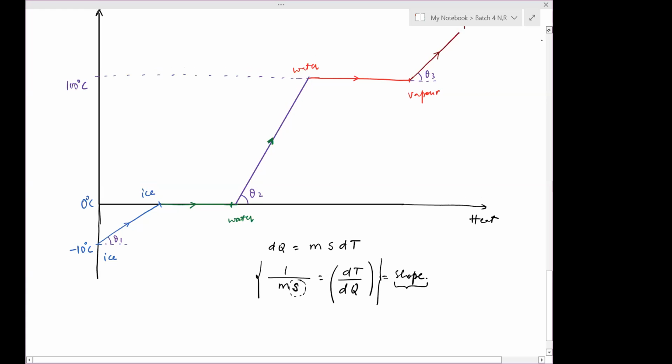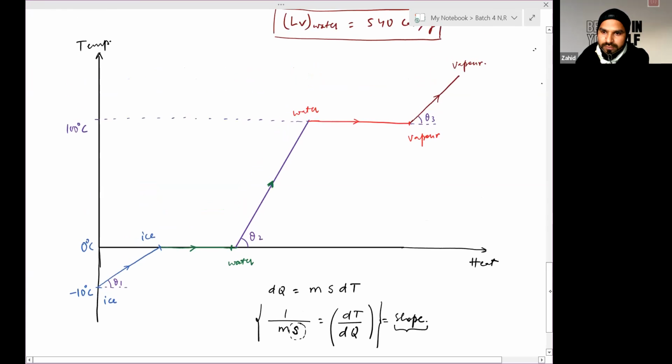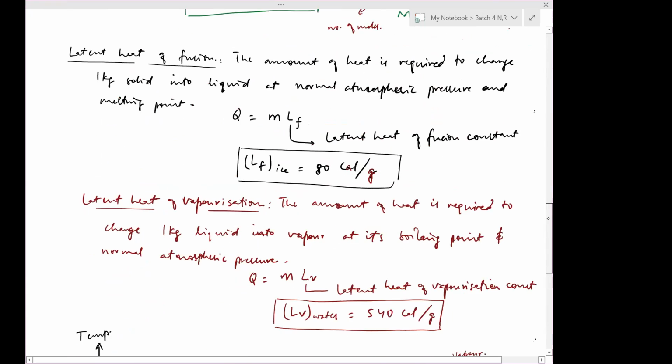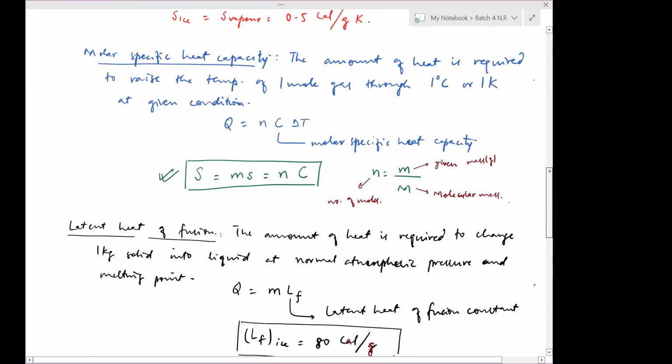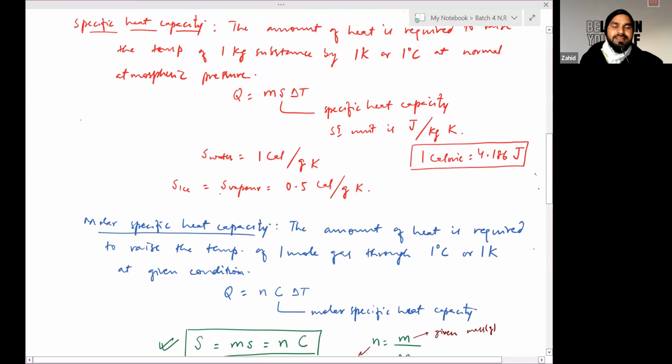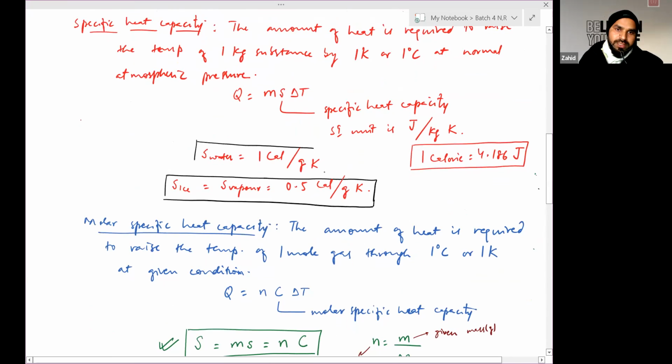Now, I've given you different values of specific heat, so theta 1 and theta 3 should be equal, right? Since the specific heat of both ice and vapor are just the same, the slope of the ice curve and the vapor curve will have equal inclination. And the specific heat capacity of water is 1 calorie per gram per Kelvin, which has a larger numerical value, so it will have lesser slope or lesser inclination.